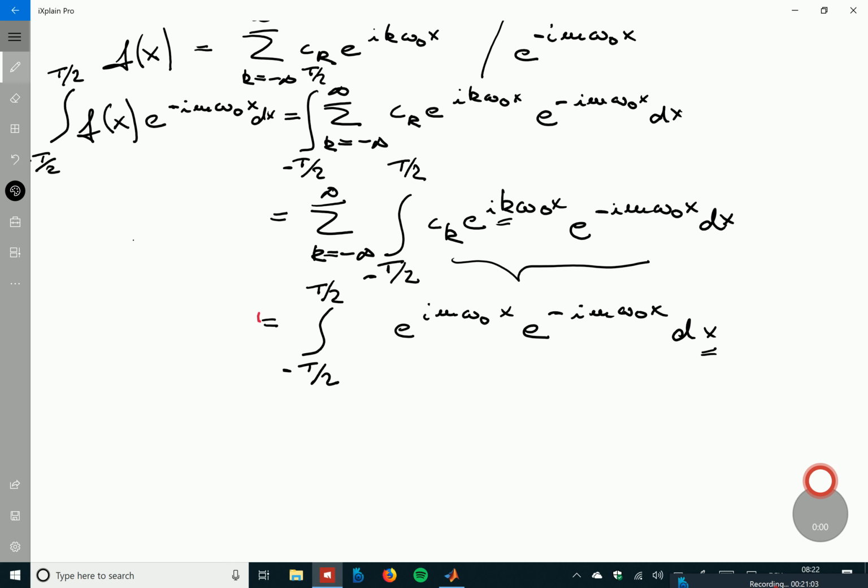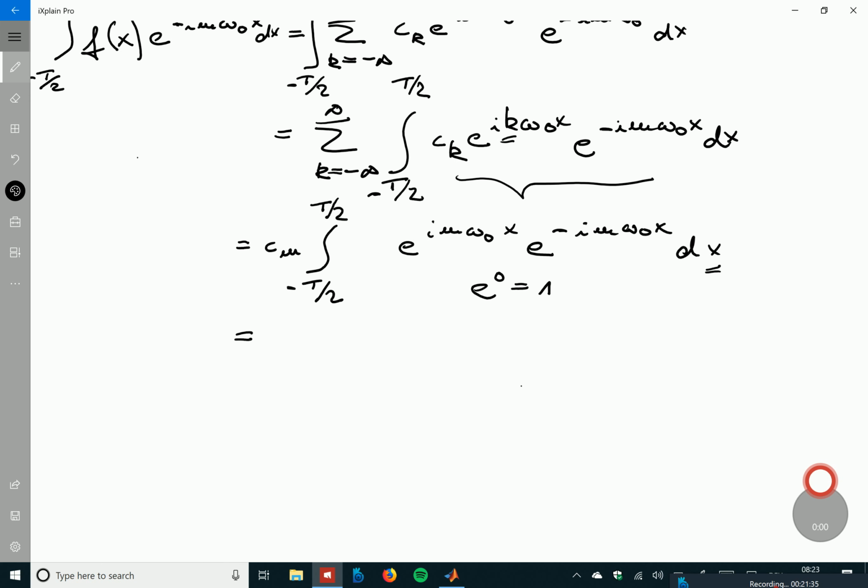That's again the linearity properties of integrals, as we discussed quite early on. It's easy to see even without establishing that: if you put the exponentials together, you get e to the power of 0, which is 1. You integrate over minus T half to T half, so that's T. So you get c_m times T.